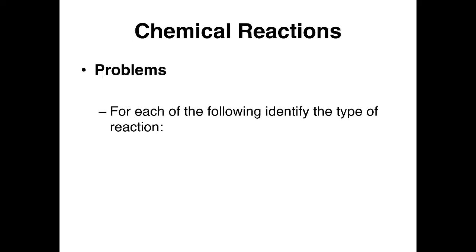So for each of these, let's see if you can identify the type of reaction. If you need to, you should stop the tape so that you can formulate your answer, either write it down on paper or in your head, and then turn the tape back on and I will tell you the answer.